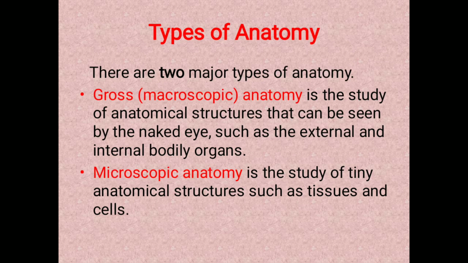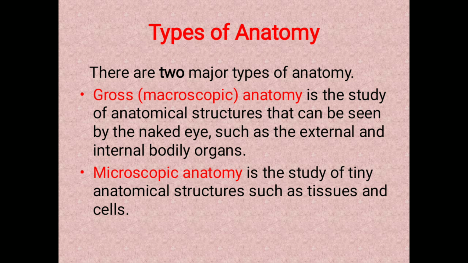Then the types of anatomy. There are basically two major types of anatomy. The first one is gross anatomy or macroscopic anatomy and the other one is microscopic anatomy. So what is gross anatomy?